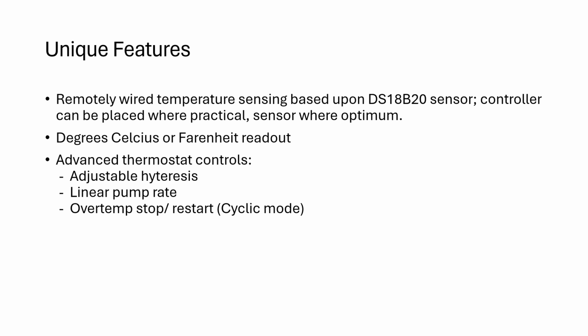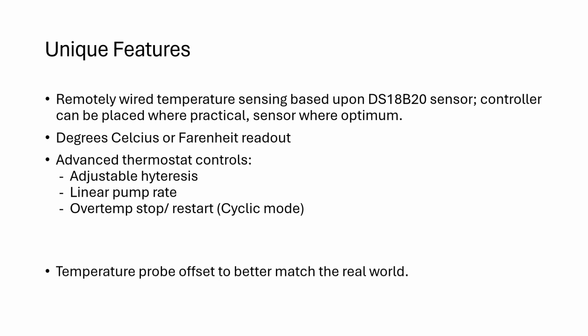But if it goes more than 3 degrees above my set temperature, I now will go into a suspend mode where the heater shuts down. But once that temperature drops below 69 degrees, as I have mine set, it goes through the ignition sequence and starts to produce heat again.